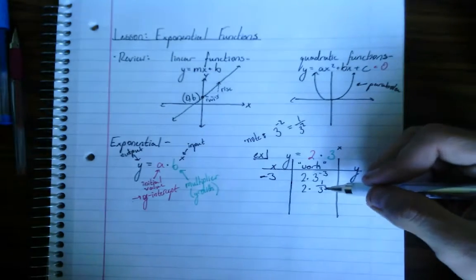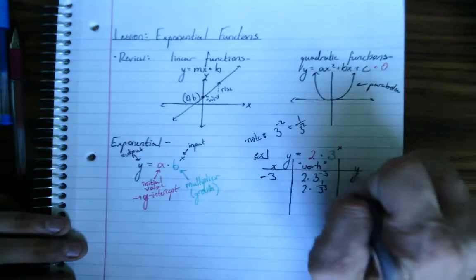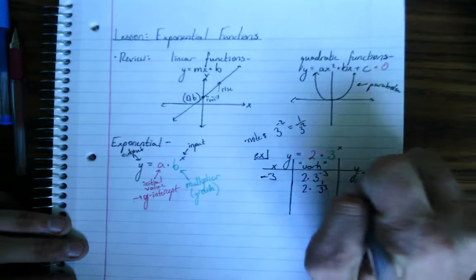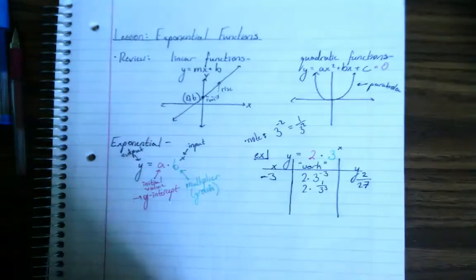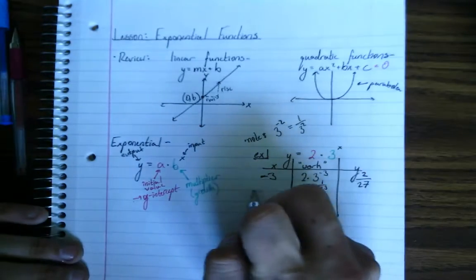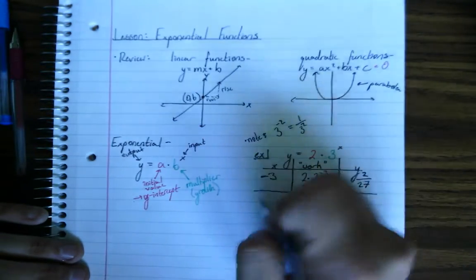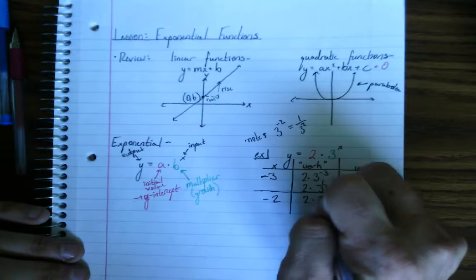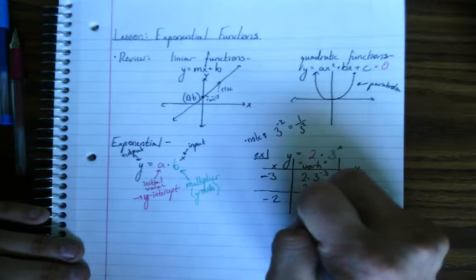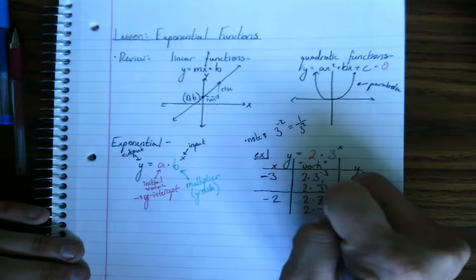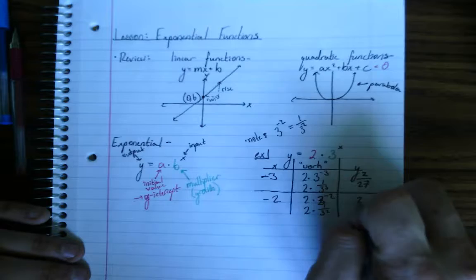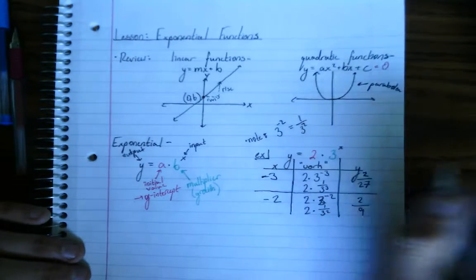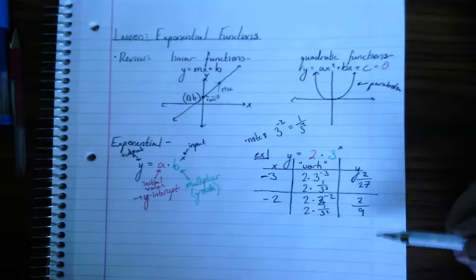So 3 times 3 is 9, times 3 is 27. So it turns out Y for this is 2 over 27. So a really small value. So let's keep going. We'll do a -2. Again, 2 times 3 to the -2 power, or use the reciprocal rule. Put it in the bottom, we'll find that this one's actually 2 over 9. Still a small fraction, but we're getting bigger.